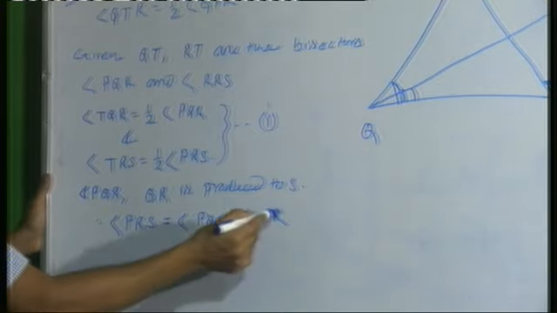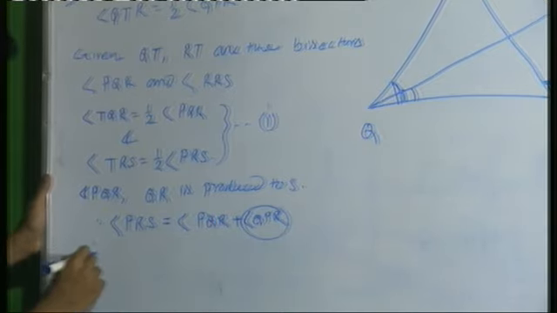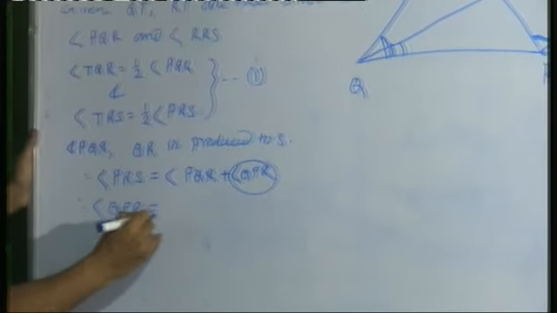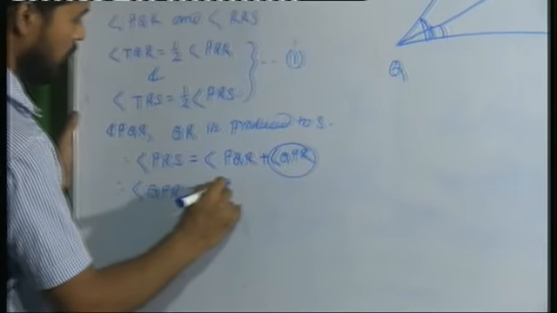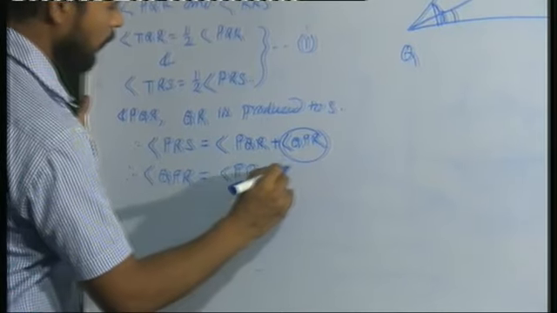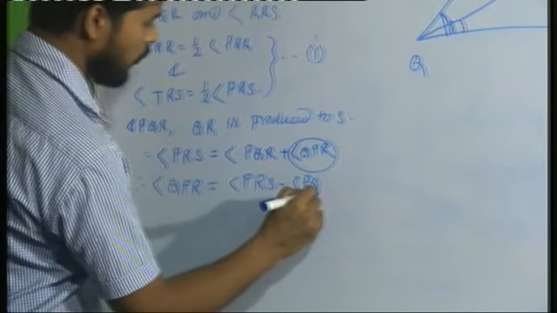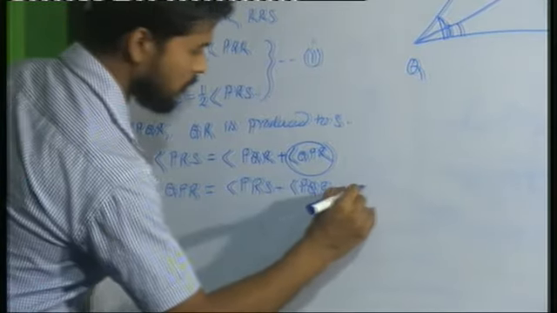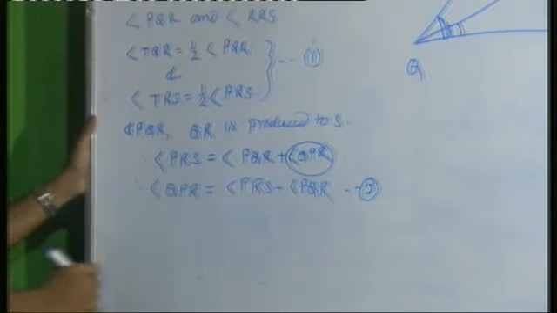Now from here calculate the value of QPR. That means angle QPR is equal to angle PRS minus angle PQR. This is our equation number 2.